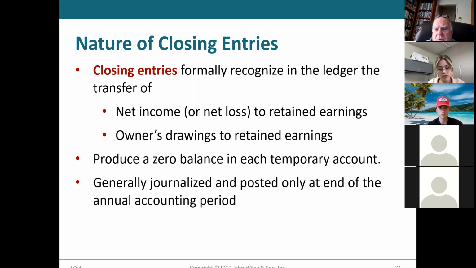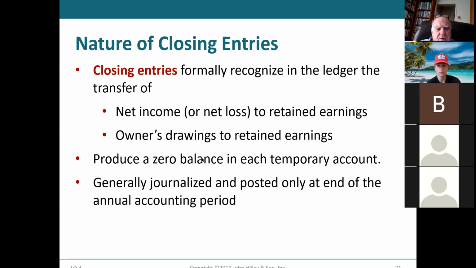We're going to take all of the expenses, put them in a journal entry format, and credit them to take them out of their normal balance and put that into income summary. At that point, the net income is sitting in the income summary account, which can then be transferred to retained earnings. Closing entries formally recognize in the ledger the transfer of net income to retained earnings and owner's drawings.